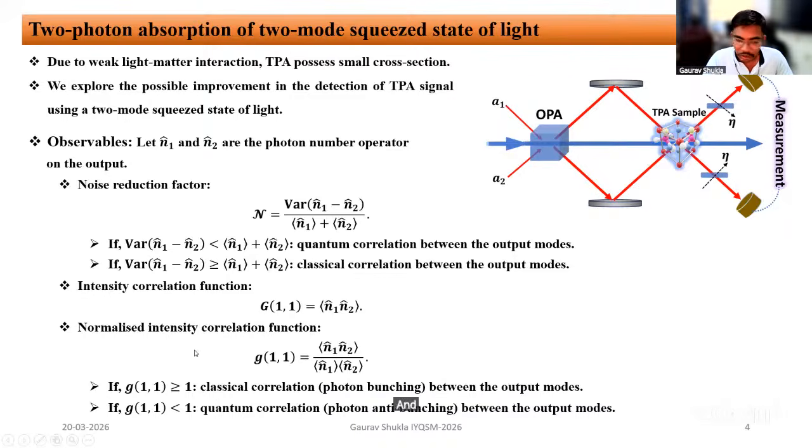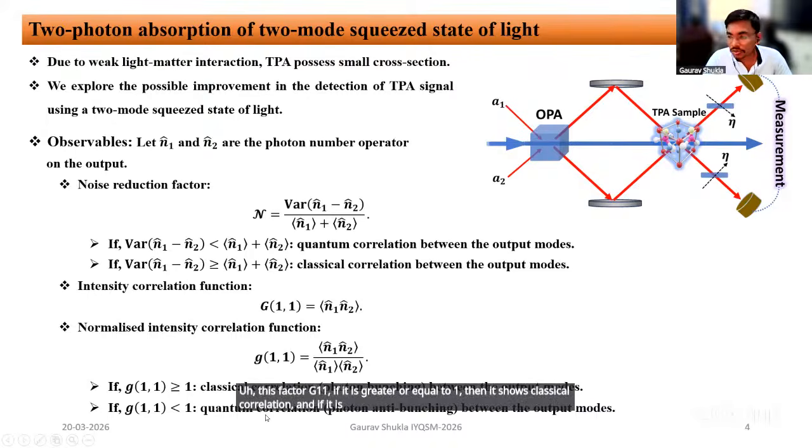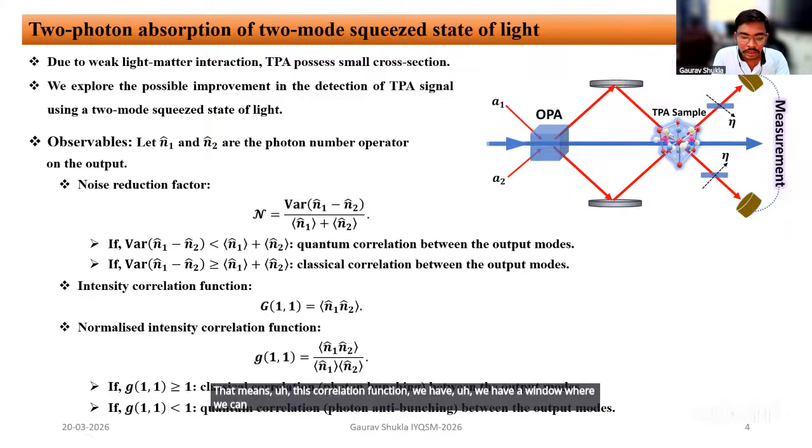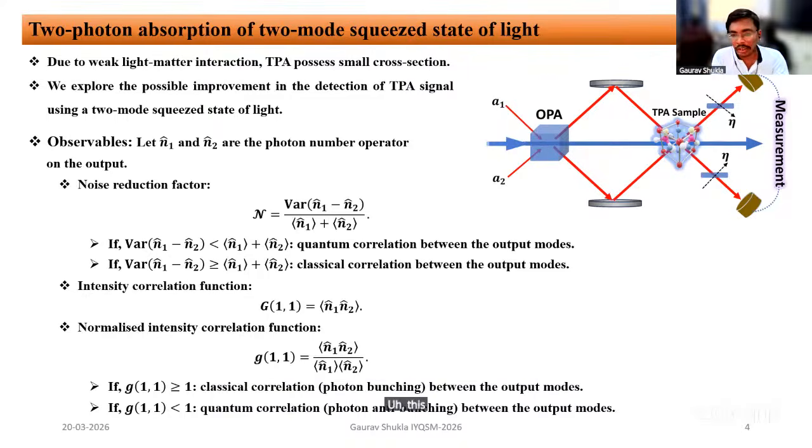And in the normalized intensity correlation function, this factor G11, if it is greater than or equal to 1, then it shows classical correlation, and if it is less than 1, then it shows quantum correlation. With these correlation functions, we have a window where we can use quantum correlation to improve TPA signal detection. And one other important point for choosing these observables is that these correlation functions are frequently used in experimental laboratories.